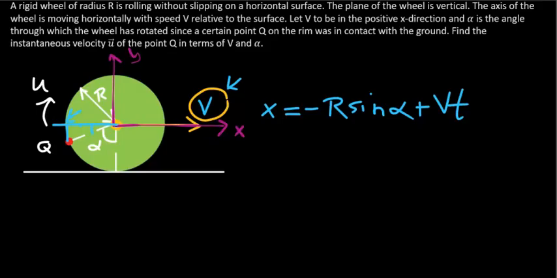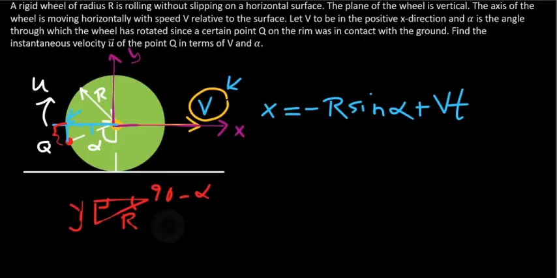Now let's look at the y-coordinate. The y-coordinate is given by that number. So again, you have the same right angle triangle. This is r, this angle here is 90 minus alpha, right angle, and this is y. So you see y over r equals the sine of this angle, or cosine of alpha.